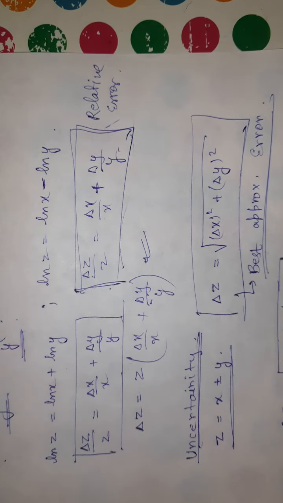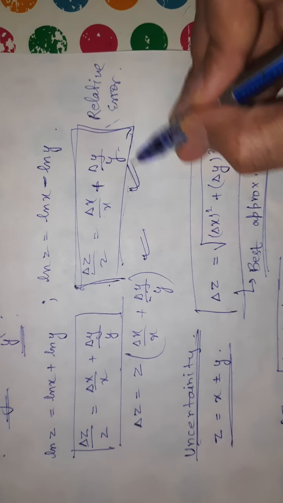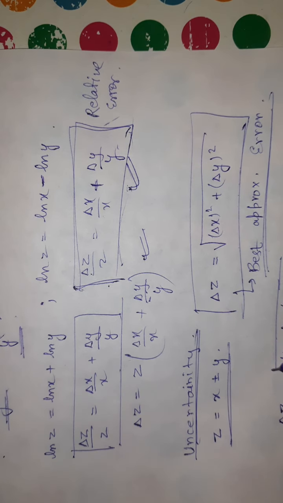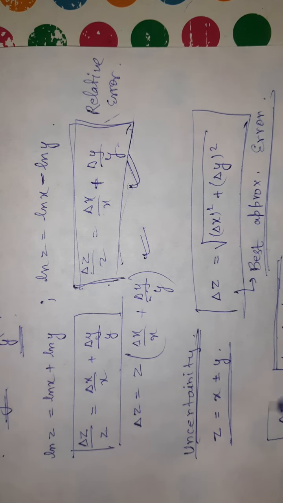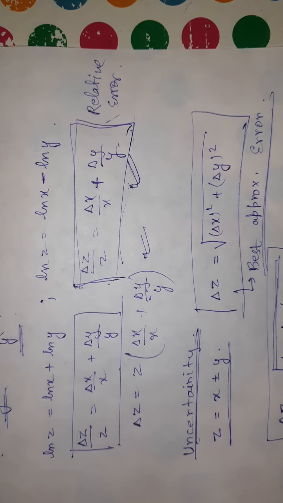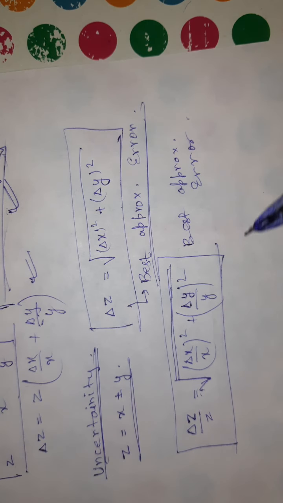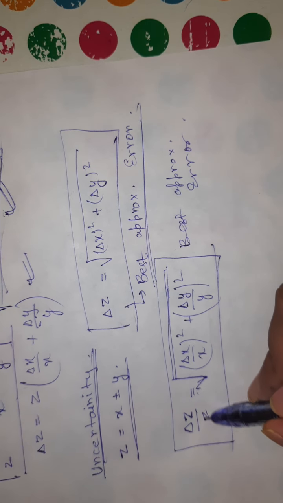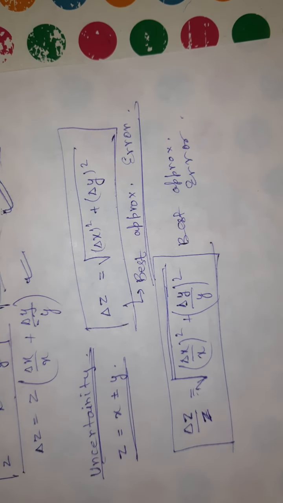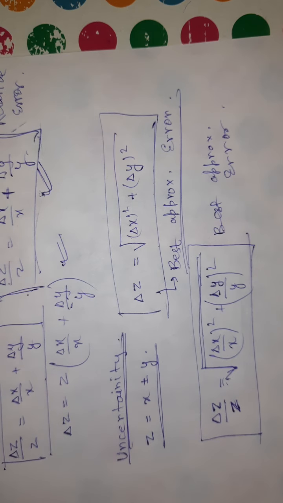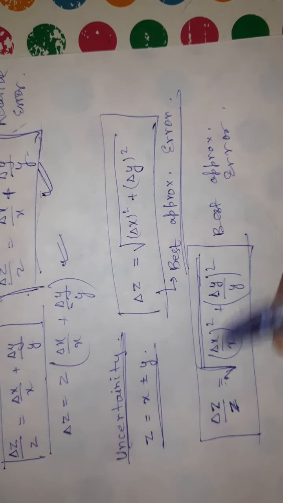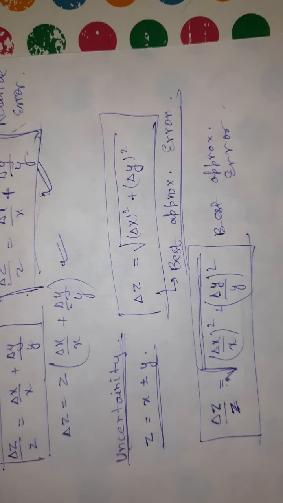From here we only did the root mean square, and it gives us the best approximation error. Wherever you calculate error in multiplication or division, or even in addition and subtraction, you must use this RMS value, especially in case of GRF.